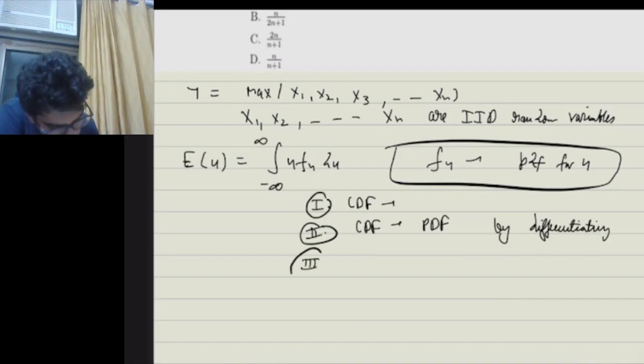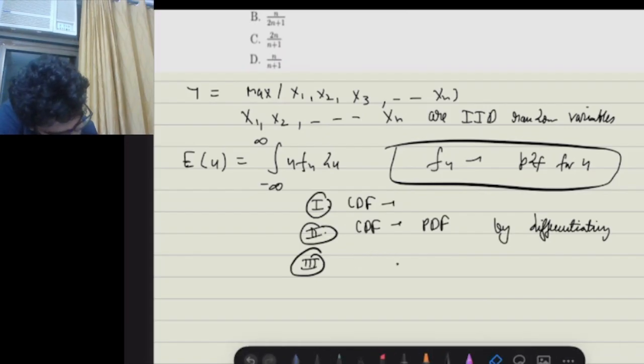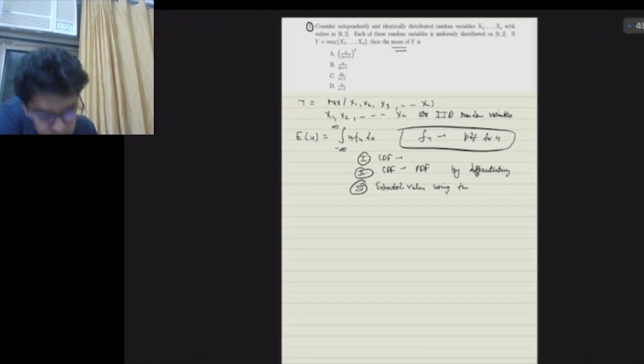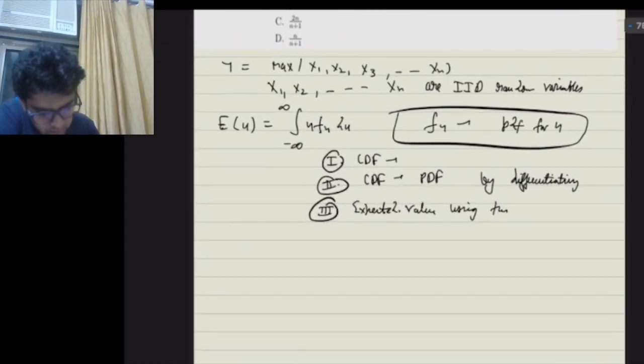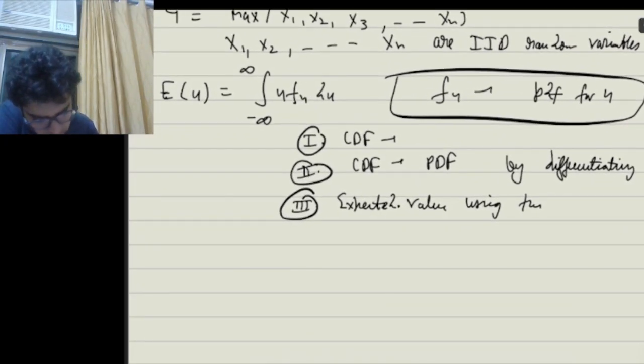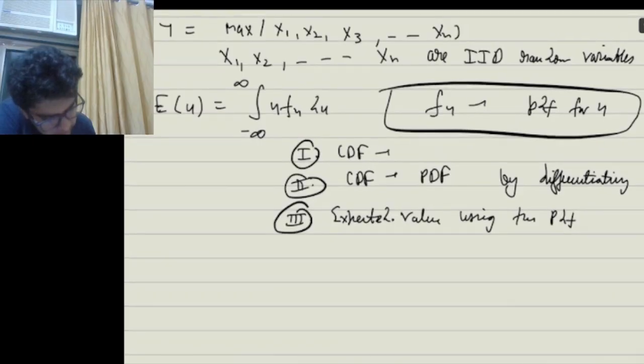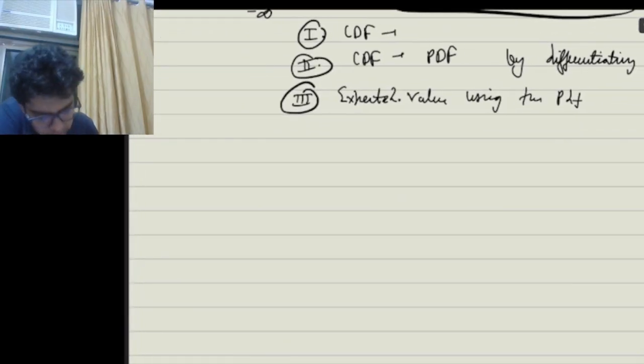The third step would be to find the expected value using the PDF, right? Now let me just solve this.